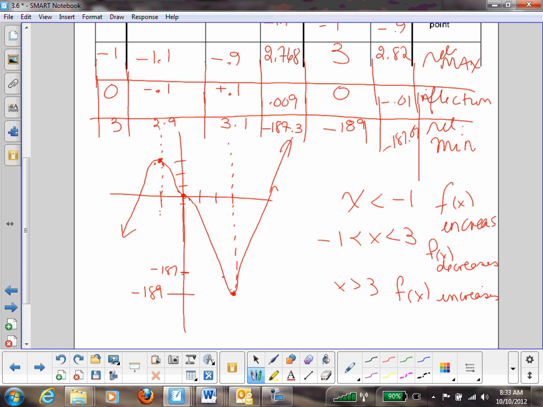So you see to the left of that dotted line what's going on. In between those dotted lines, what's going on. To the right of that dotted line, what's that function doing? We don't care about the y value for this part of it. We are interested in the x value because that defines the interval that the function increases or decreases.